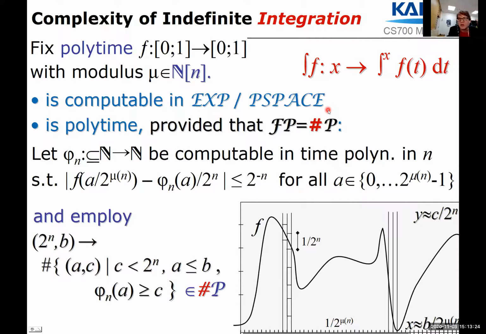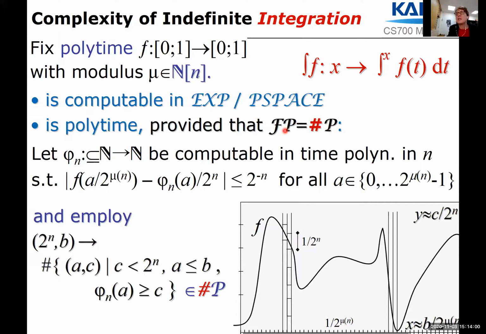Now, is this PSPACE algorithm optimal? Well, again, the answer turns out to be negative, but here we need a kind of stronger hypothesis than P versus NP. Here the hypothesis is that FP is equal to sharp P. So let me briefly remind you and refer you to our chapter 4 on discrete complexity theory recap, that sharp P is the counting class of counting problems, the function problems, counting how many witnesses there are in the discrete setting.